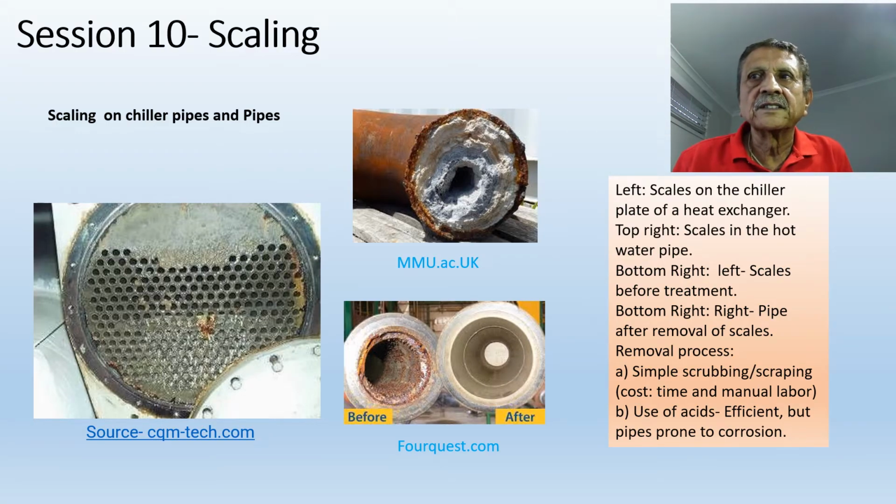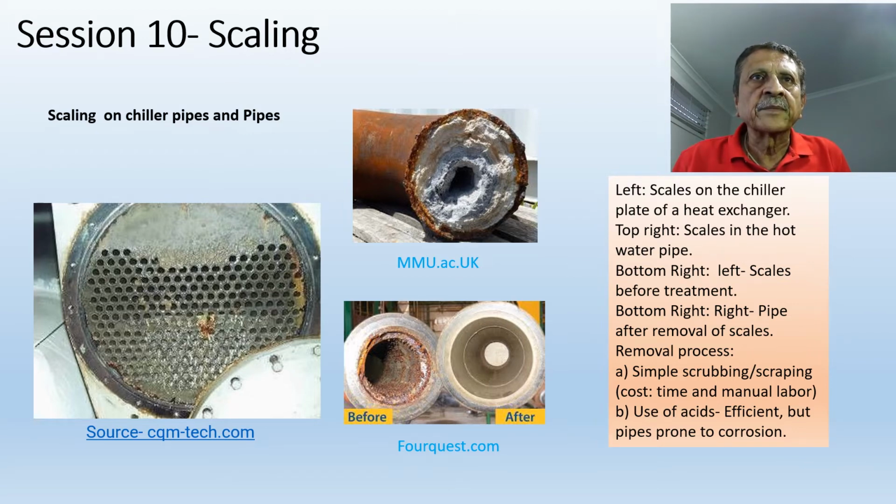This slide shows photographs of scales. If you look at the left picture, you will find that the scales had almost blocked most of the chiller holes. This is actually the face plate of the chiller pipe that has been opened. It's a chiller plate of a heat exchanger.